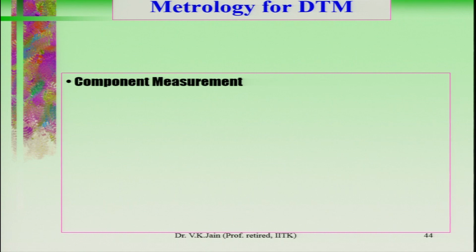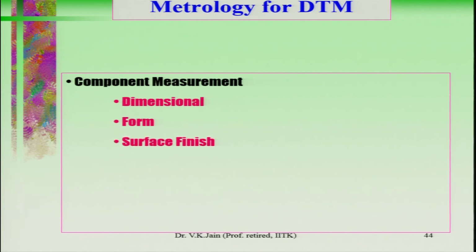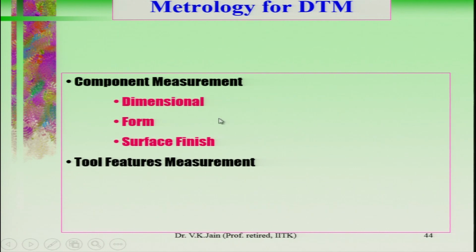Metrology for DTM: component measurement, dimensional measurements, form, surface finish. You have to measure all these things online and offline also. You can check it and decide whether the machining has been done properly or not.